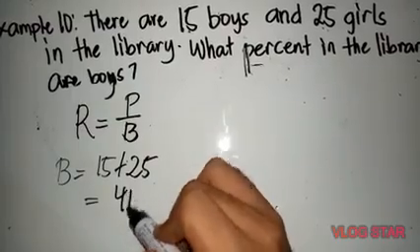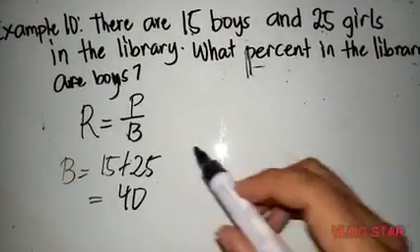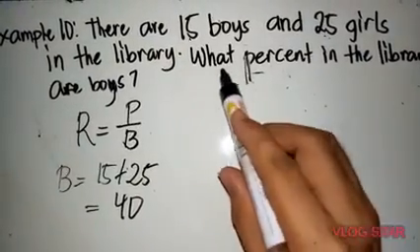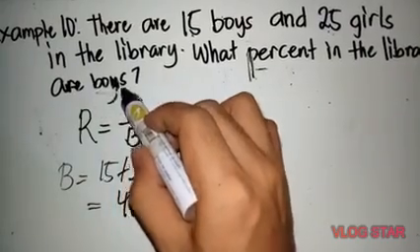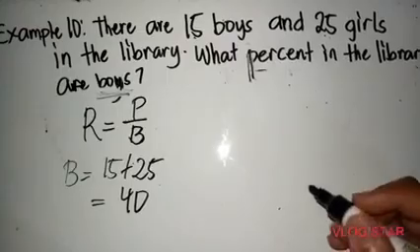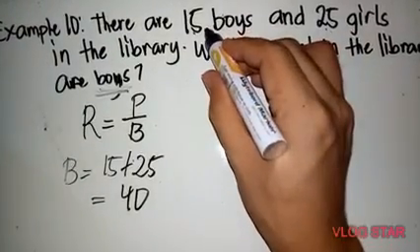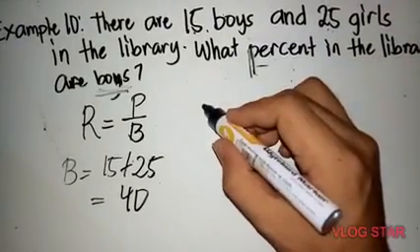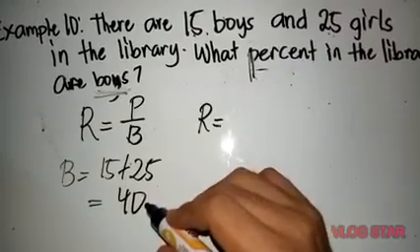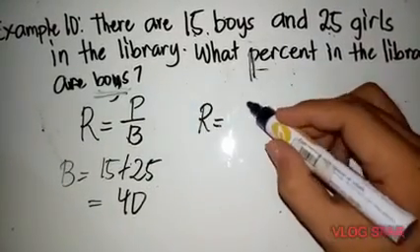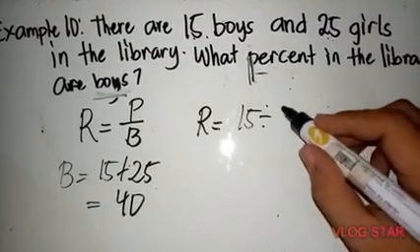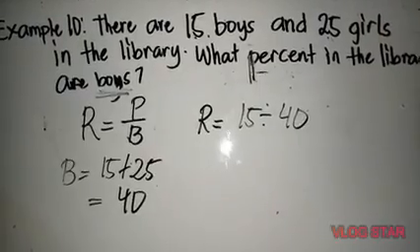So our base now is 40. Then next, what about percentage? Since we are looking for the percent of the boys, then the percentage would be the number of boys. So if we're going to write R is equal to percentage, which is 15, divided by base, which is 40.